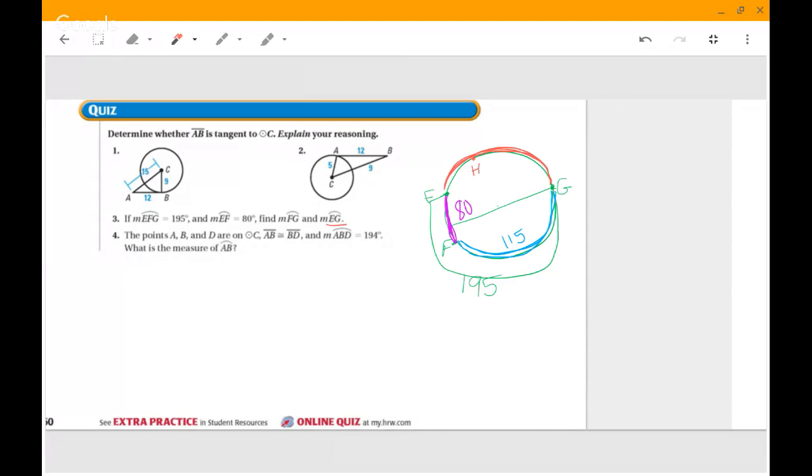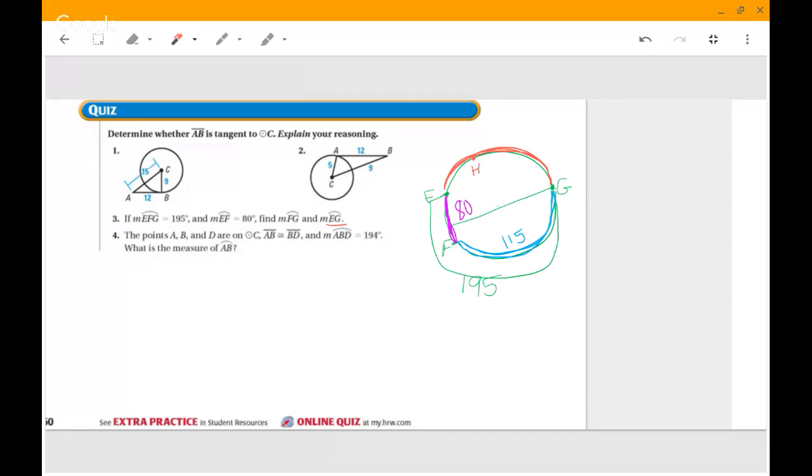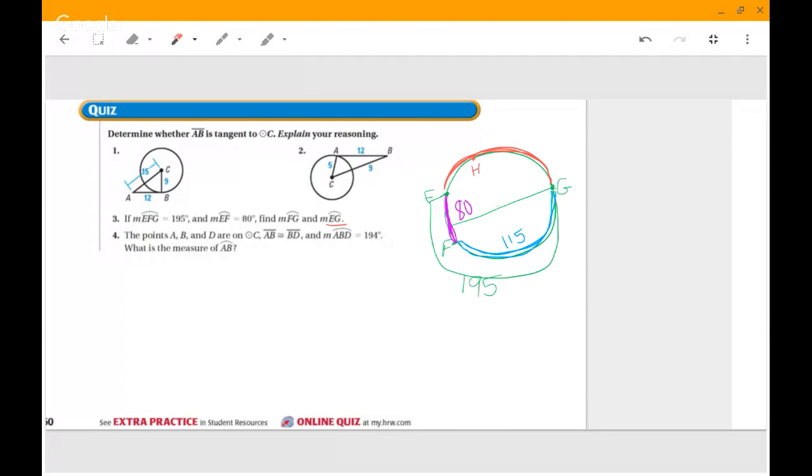360 minus 275. Or wait, no. It would be 275. No. What do you need to subtract? You can do this. So the whole circle is 360. Mm-hmm. And 275 is already taken up.